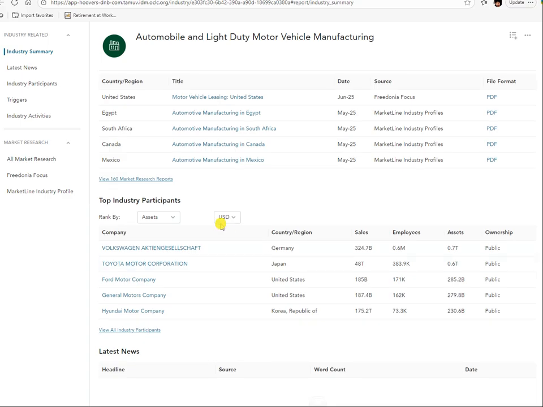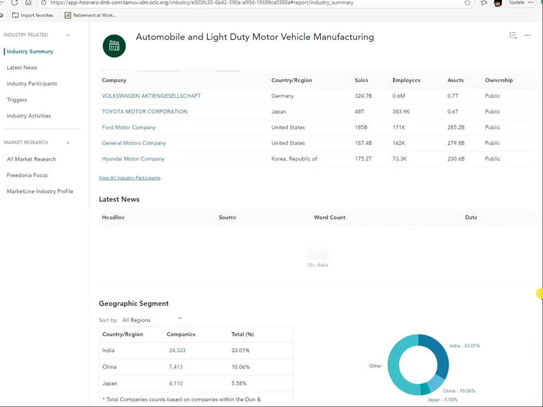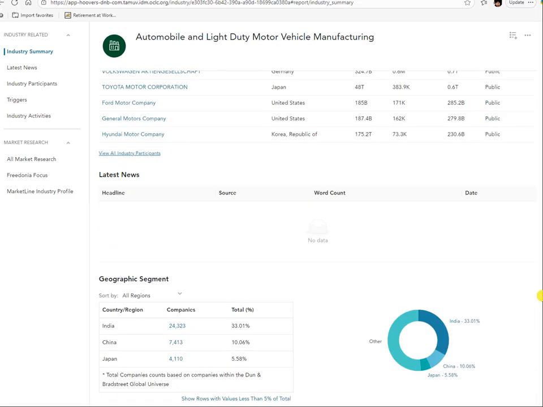You can check the top industry participants: Volkswagen, Toyota, Ford, GM, Hyundai. So you can take a look at those things.